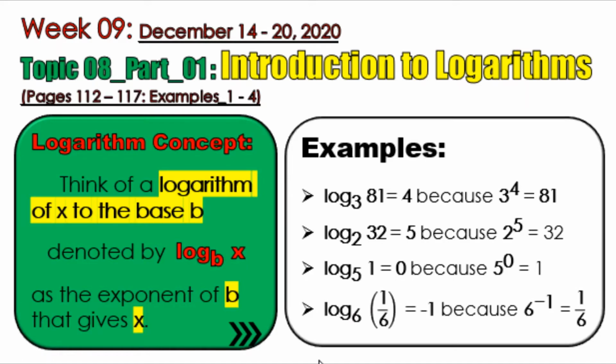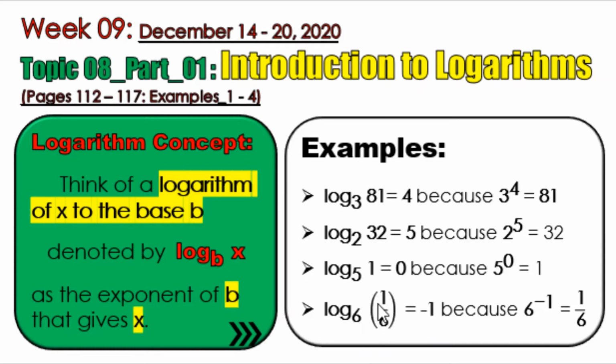And we have logarithm of 1/6 to the base 6. Remember, this is a fraction and our base is a whole number. How is it possible to have a fraction if we have the base as a whole number? That would be possible if your exponent is negative. So think of the laws of exponents when you have a negative exponent.